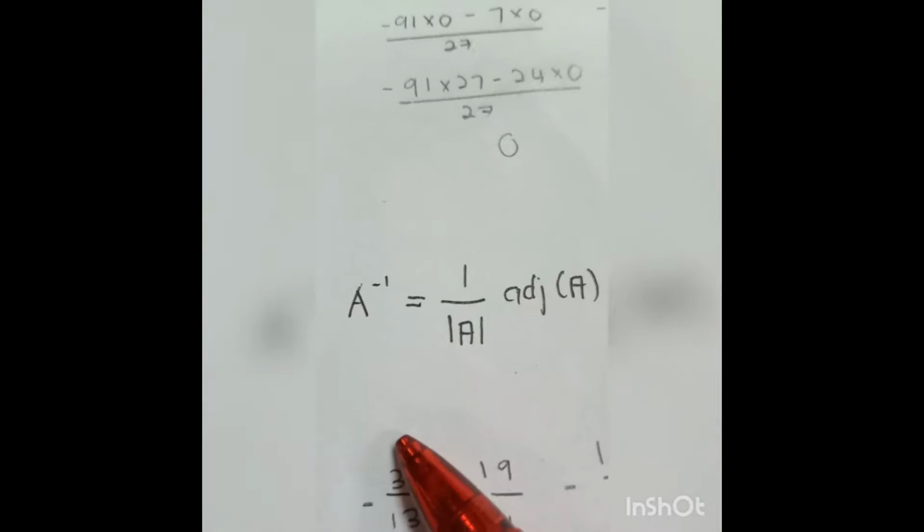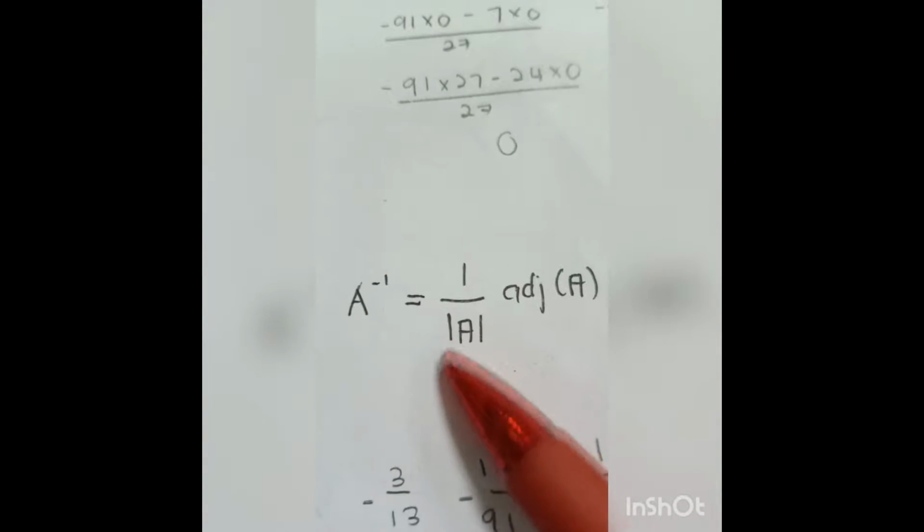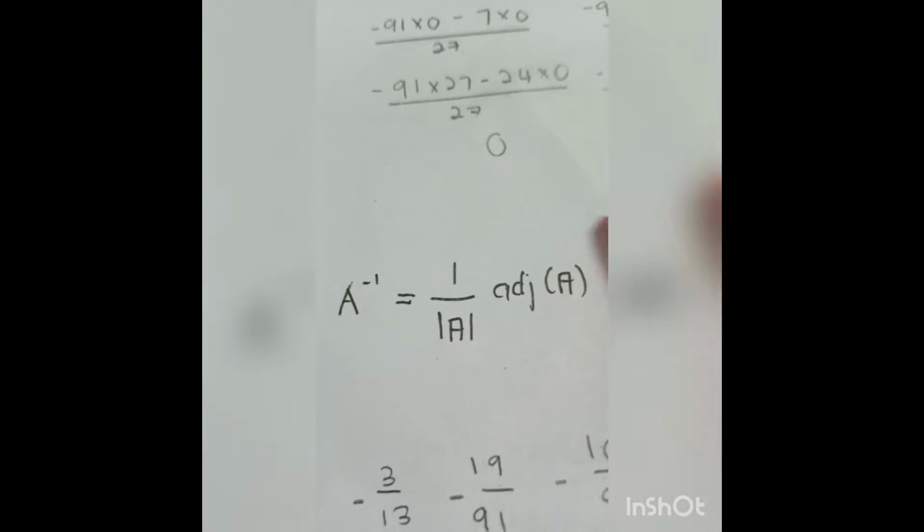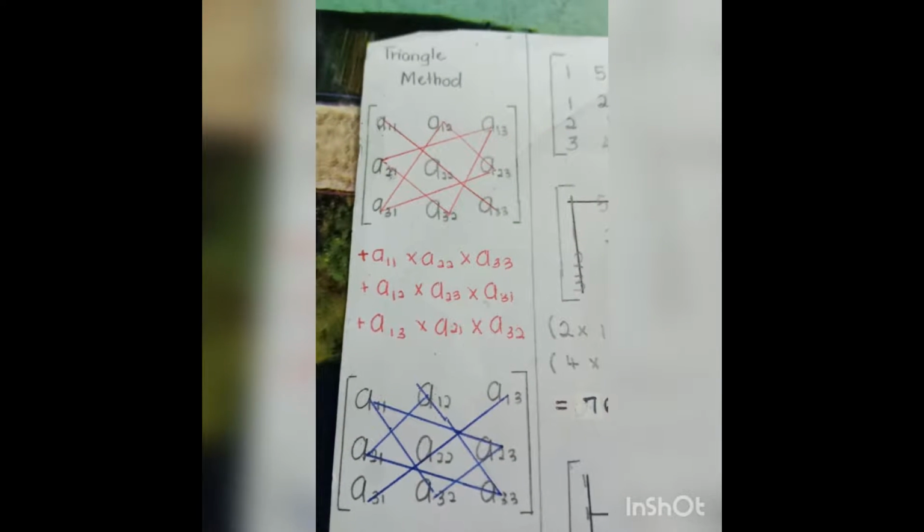Okay, so the inverse of a matrix is equal to 1 over the determinant multiplied by the adjoint. To find the adjoint of the matrix, we use the triangle method. As you can see, there is the positive one and there is the negative one.